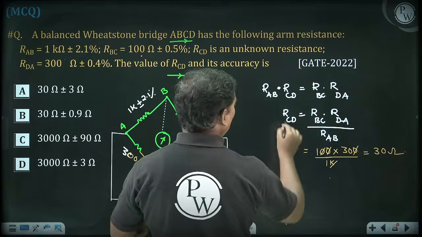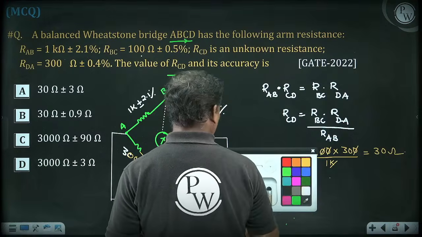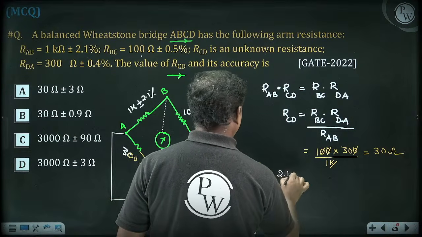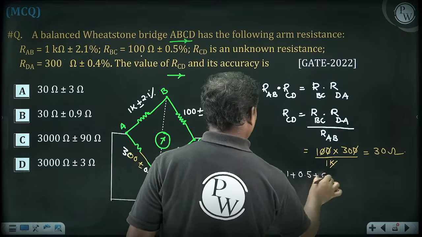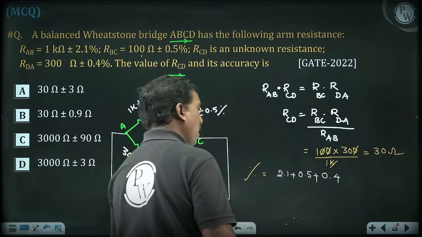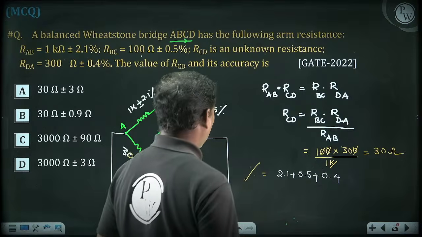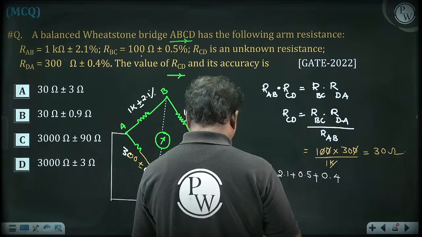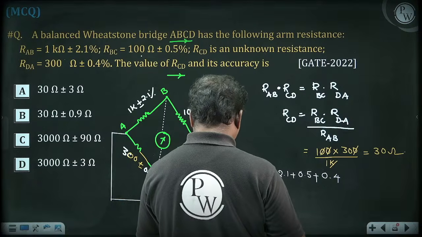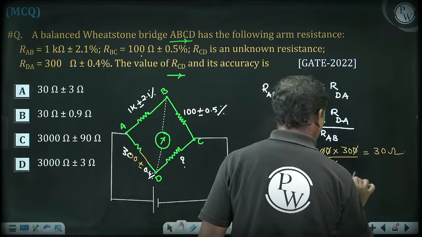All percentages are products of quantities. So you have to add 2.1 plus 0.5 plus 0.4, which is 2.9, approximately 3%.